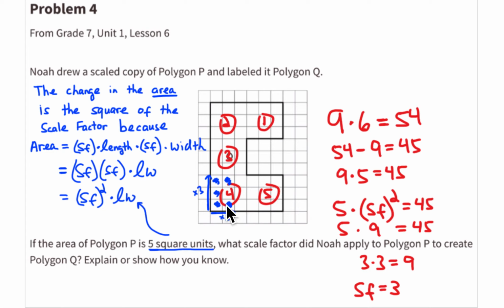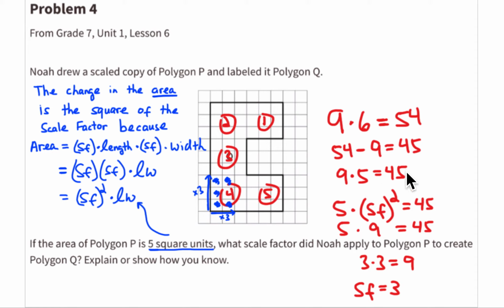One is just to multiply 9 across this way times 6 this way. 9 times 6 is 54, but then you have to subtract these 9 squares. That's 45. Or just count these. How many of these 9 square parts do you have? You have 5 of them. So 9 times 5 is equal to 45.